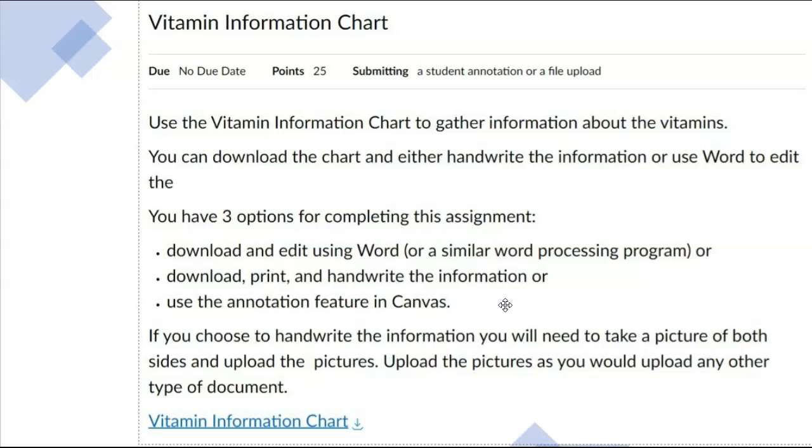Or you can use the annotation feature in Canvas. And whichever way you decide to do it, you're going to upload it, whether it's a Word document or whatever document, or the pictures that you take of your handwritten assignment, you're going to upload that to Canvas.